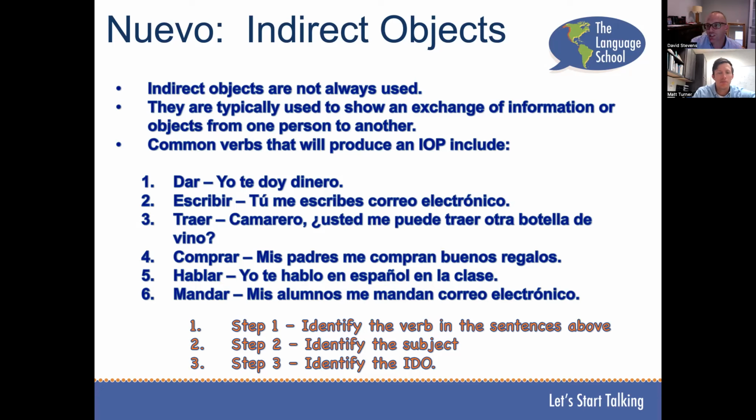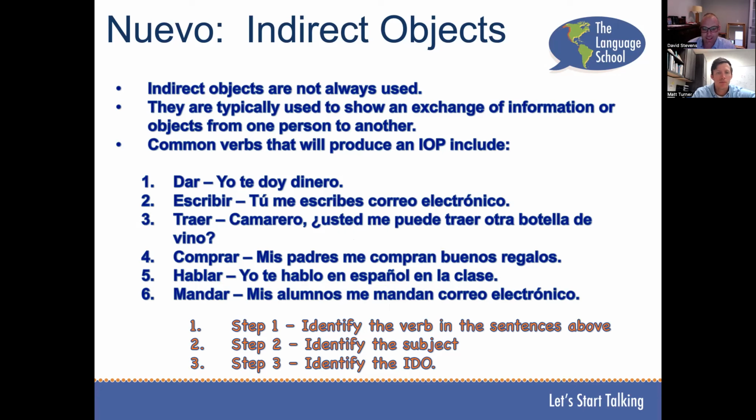And the reason why I do this is because it's very common initially, if you're not really paying attention, and you just focus on the verb, oh, we've got escribir, and then we've got tú, and then we've got me. This is very specifically saying you write me. But sometimes people, when they first get into this, start thinking of it backwards: I write you. So you can see how important it is to have a really solid understanding of what's happening in these sentences.